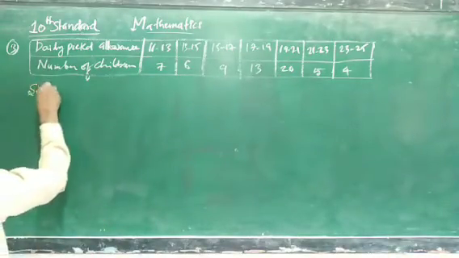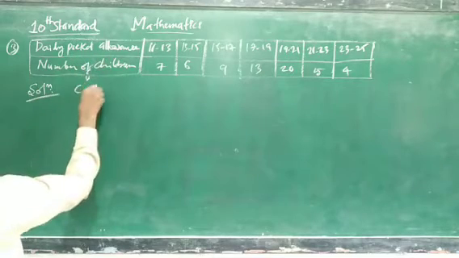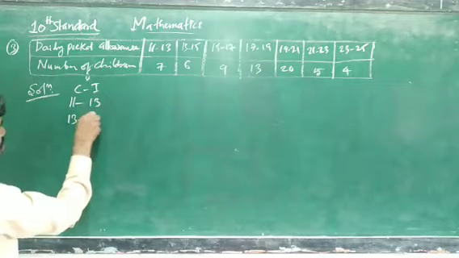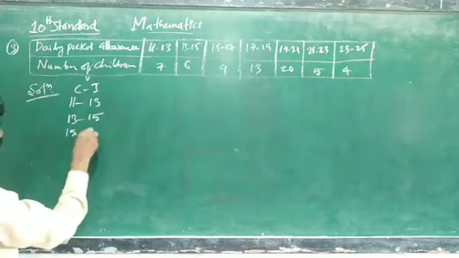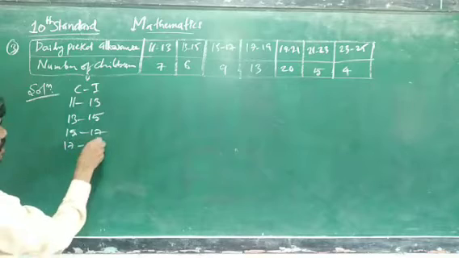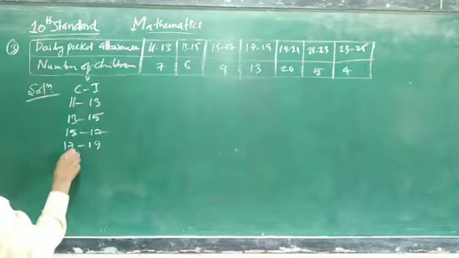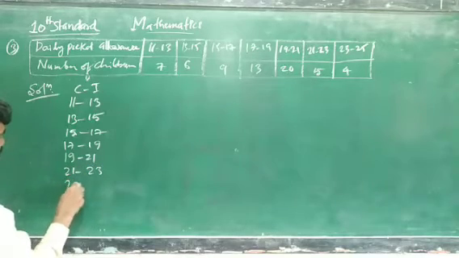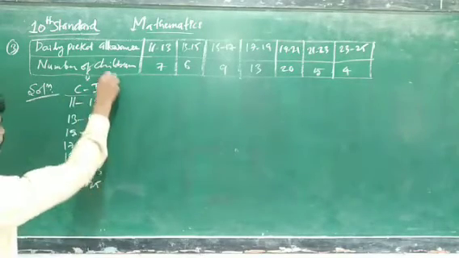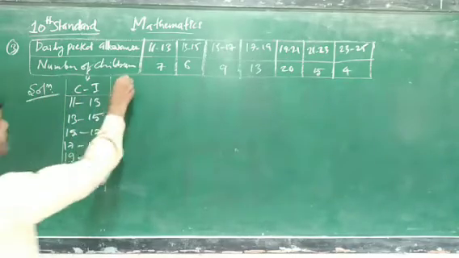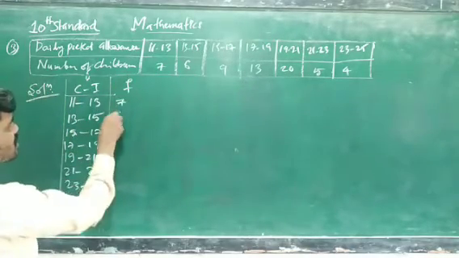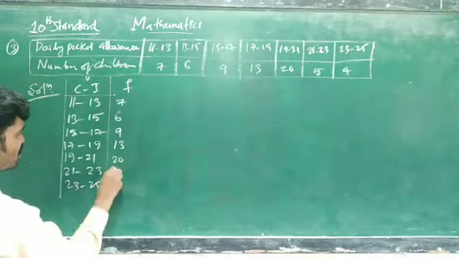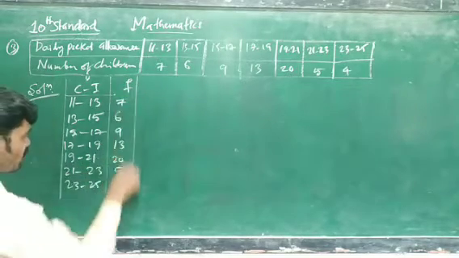Solution: daily pocket allowances are the class intervals 11 to 13, 13 to 15, 15 to 17, 17 to 19, 19 to 21, 21 to 23, and 23 to 25. Frequency f is 7, 6, 9, 13, 20, 5, 4.